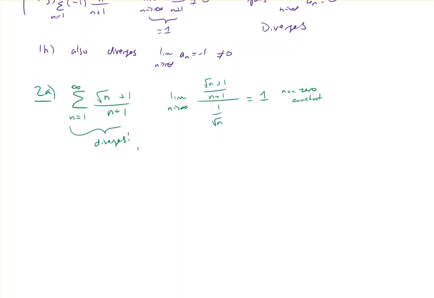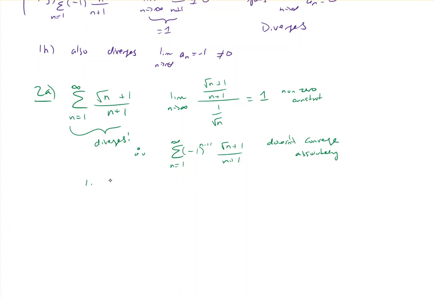So therefore, the one we're asked about, which is this problem, is the alternating version. Because this one up here diverges, we know that the alternating version just doesn't converge absolutely. That's all we know. So now we have to determine conditional convergence or divergence.